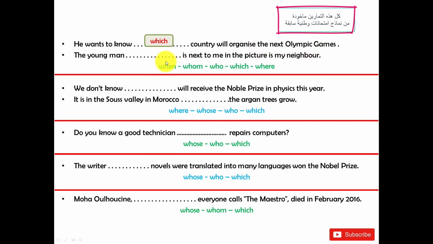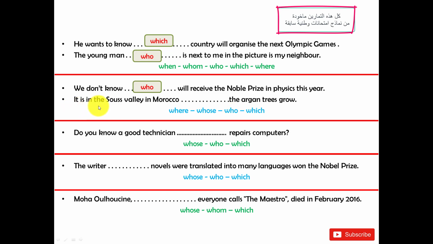The young man who is next to me in the picture is my neighbor. Very good job. We don't know who will receive the Nobel Prize in Physics this year. Good job. So we're talking about the person, who.